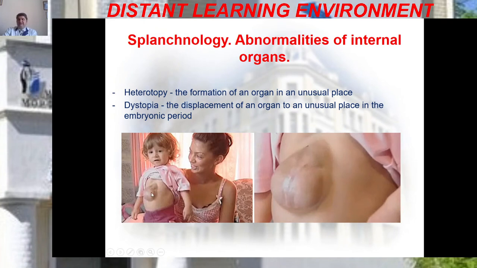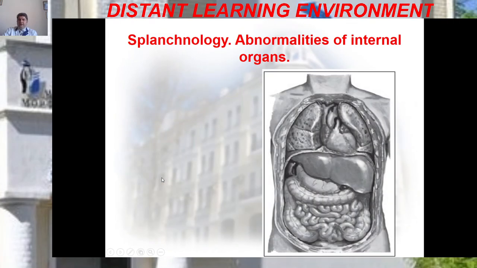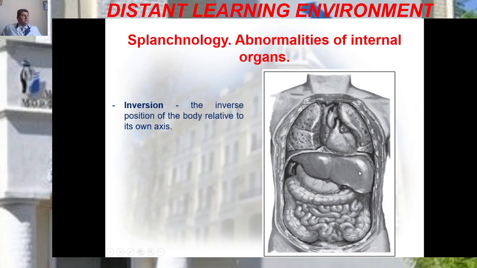For example, you may see heterotopy of the heart above the chest, under the skin in a child. The next term is inversion, the inverse position of the body relative to its own axis. For example, you may see a left-sided liver. You know that in the normal position, the liver is situated in the right half of the body cavity.